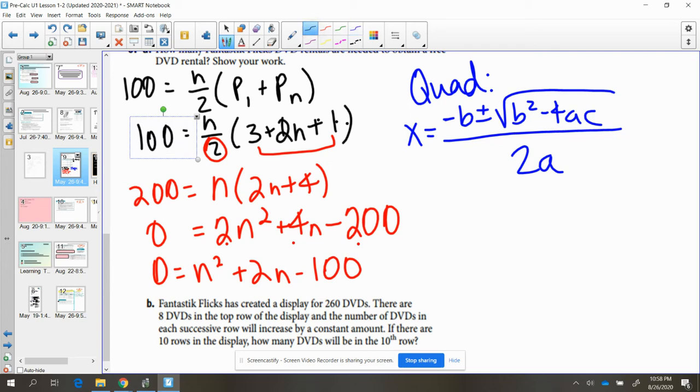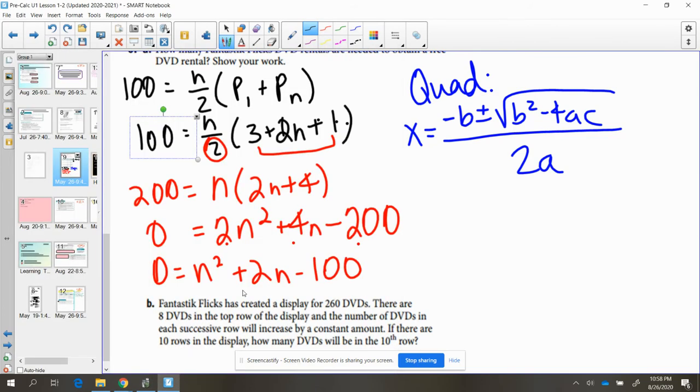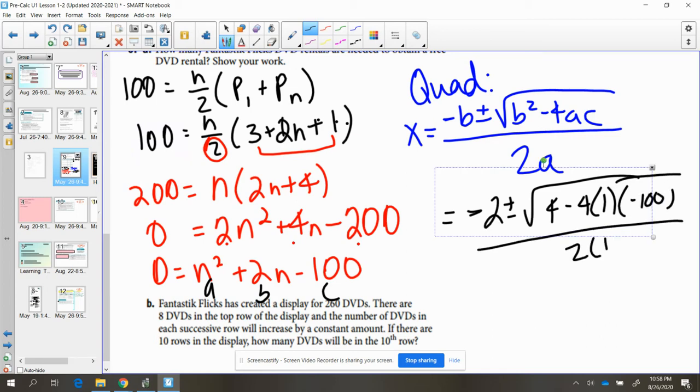Okay, so in this case, as we start plugging in, we would have a, b, and c here. Negative b plus or minus the square root of b squared minus 4 times a times c all over 2a.